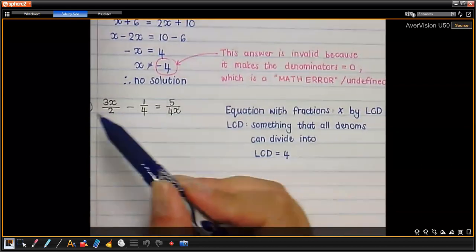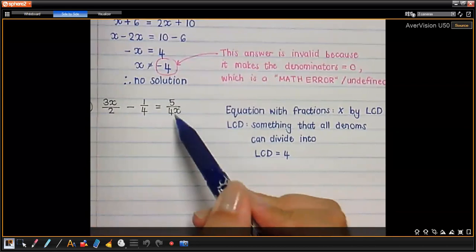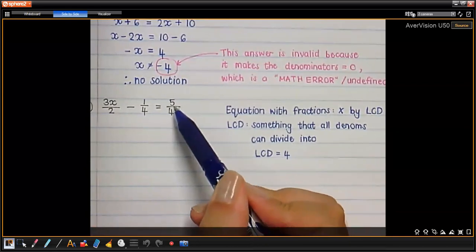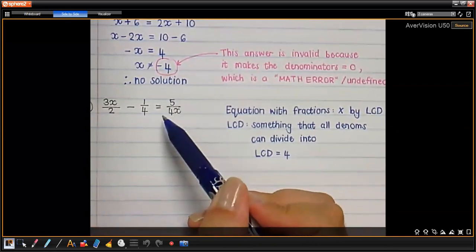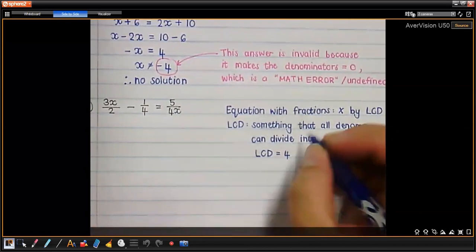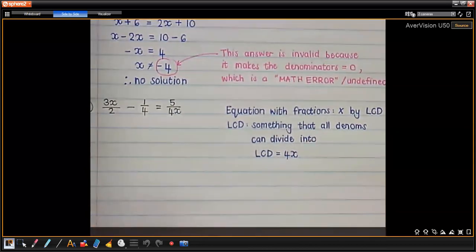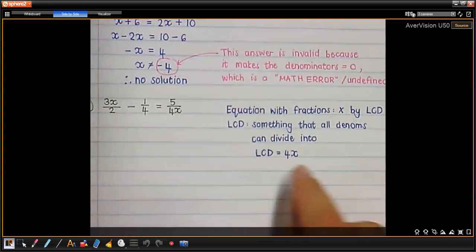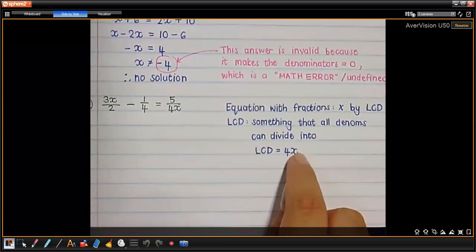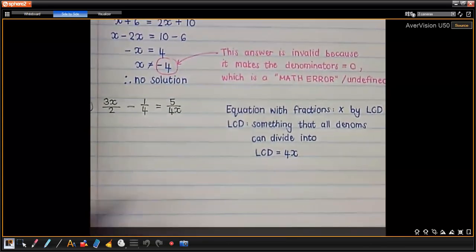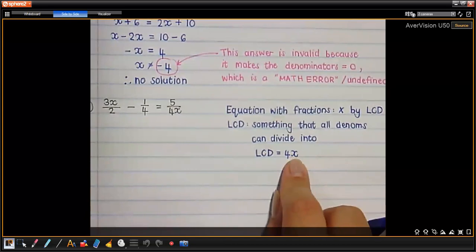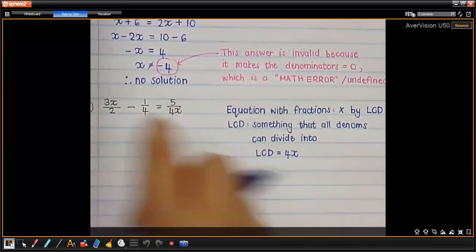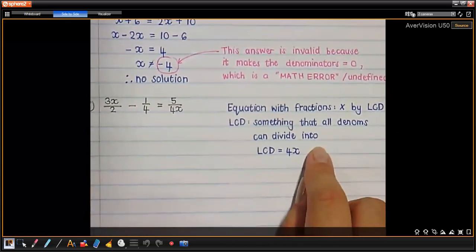And then we have an x as well. In order for 4x to divide into our LCD, we have to have an x in our LCD as well. So whenever there's a variable in any one of your fractions, that variable has to be a part of your LCD. If we have an x squared somewhere, we will have to have x squared. If we had a y, the y must also be in the LCD.